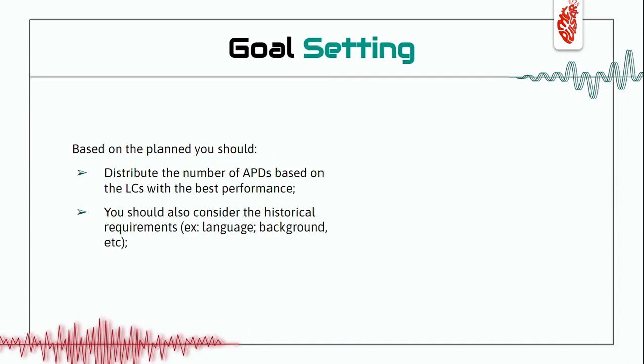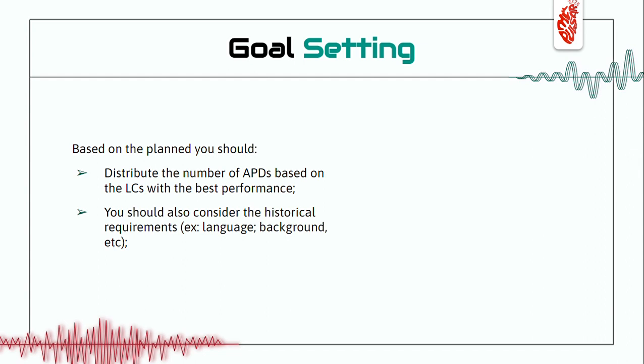And when it comes to the goal setting, it's based on the plan. You should distribute the number of approvals based on the LCs with the best performance. So as MC, what we do is distribute the number of approvals based on the LCs, and we try to give each LC at least some contribution to that goal. And overall on LC level, you should take into consideration the MC planning.